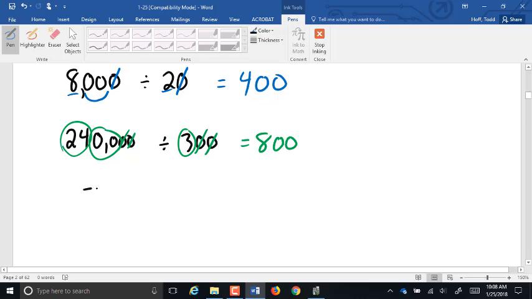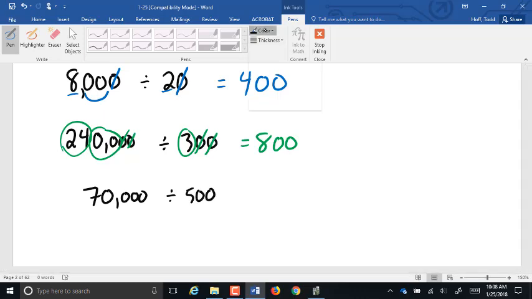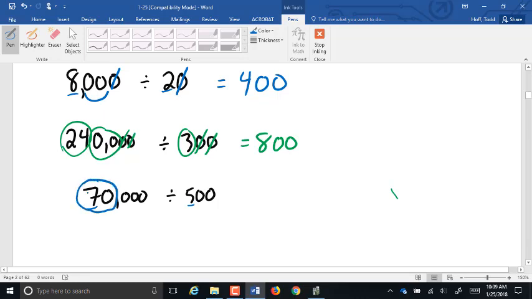A little more difficult might be something like this. $70,000 divided by 5. The 7 does not divide by 5 evenly. But we can do this. We can take the 0 with it. Does 70 divide by 5?